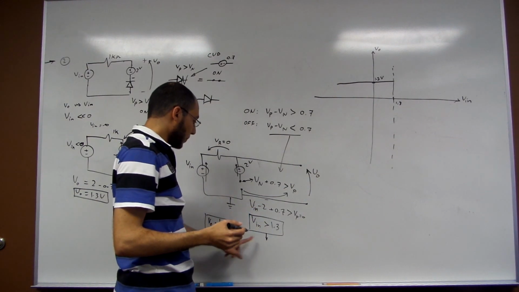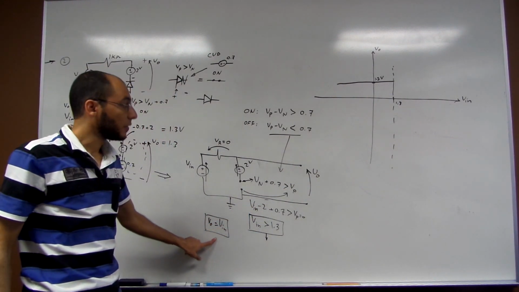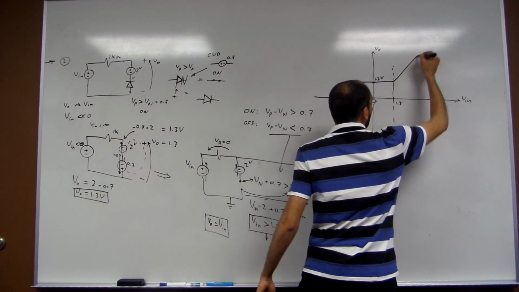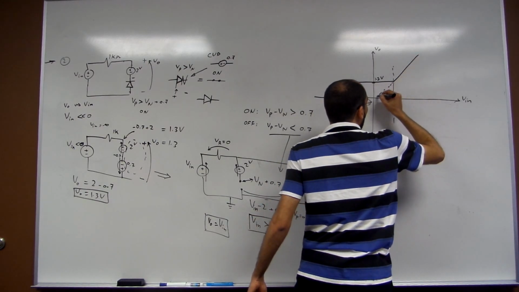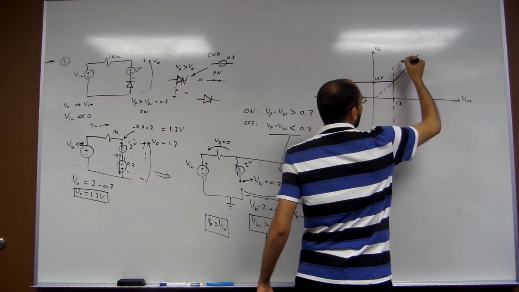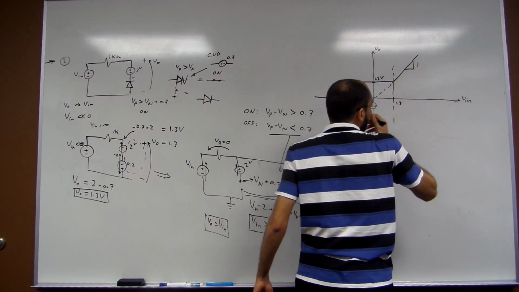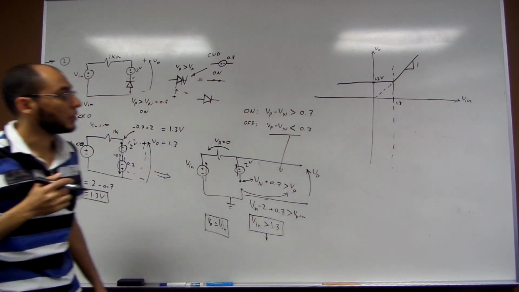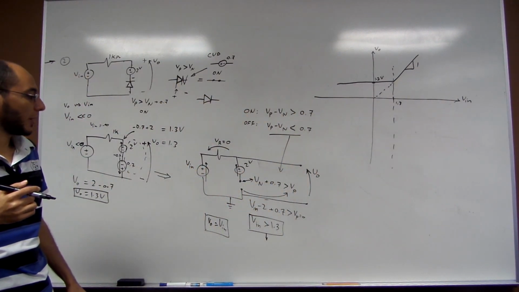After 1.3, V output equals V input. So that's a straight line passing by the 0. Slope equals 1. Okay? And this becomes the final graph.